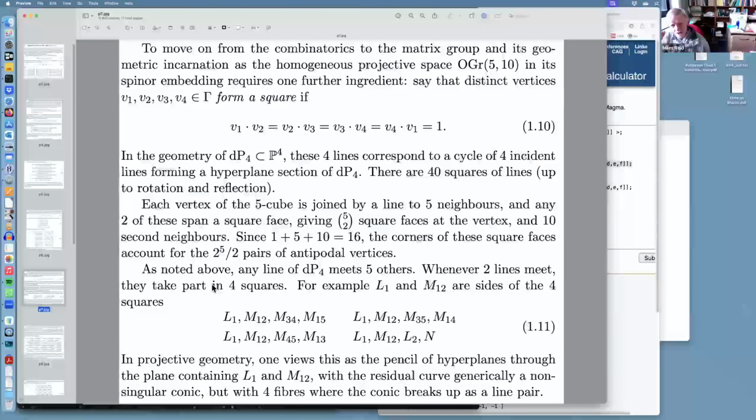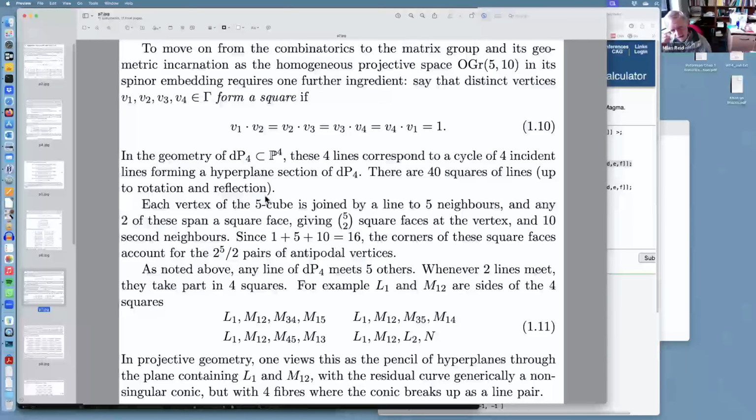Yes? So I want to get to this variety, which I call orthogonal Grassmannian OG(5,10), or spinor variety. Yes? So I want to write down polynomials in a projective space.